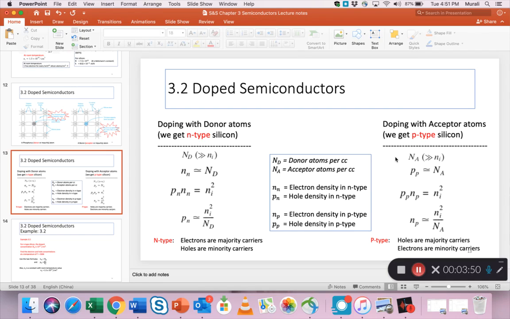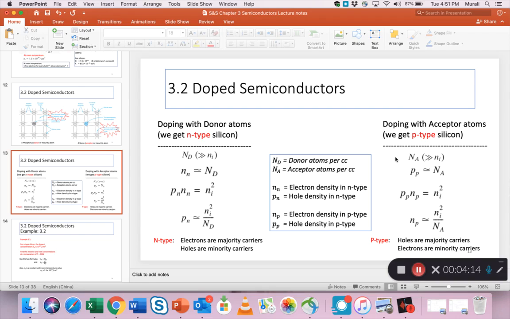Similarly, if the doping was acceptor type and we ended up with p-type silicon after the doping, that means it has more holes, so Pp will be the high hole density, and the np will also be there. It may have changed, and it's shown as np.